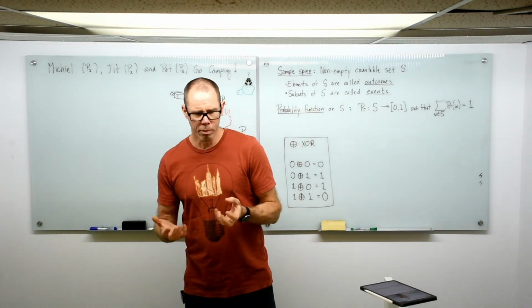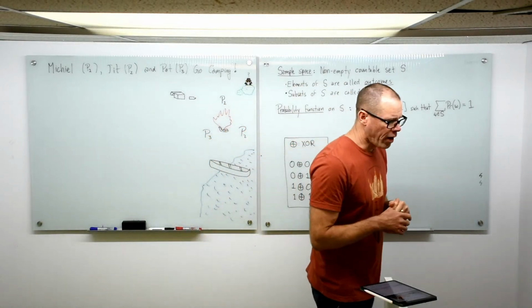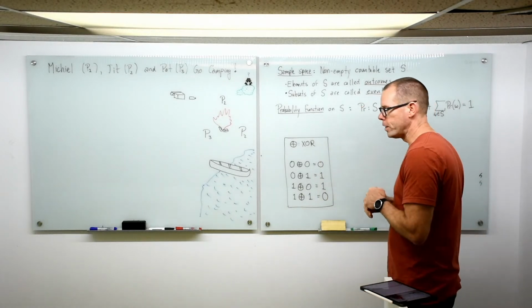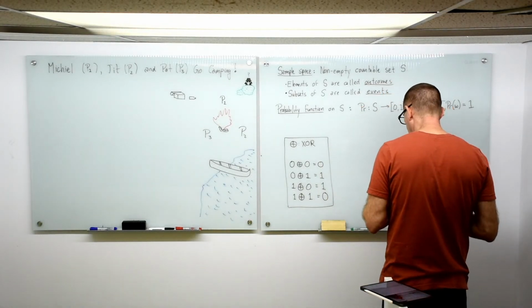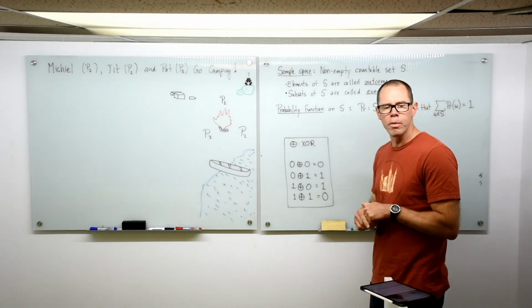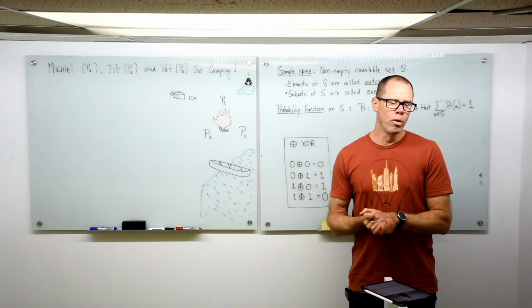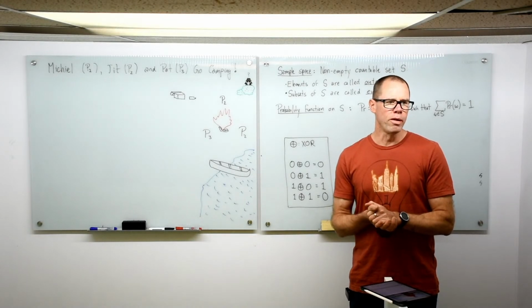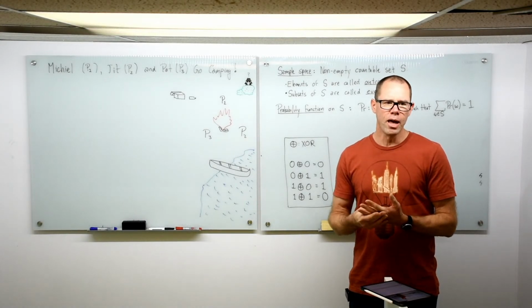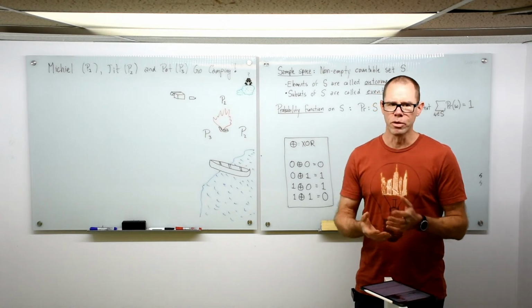You have no way of predicting that. And if I turn around and toss a coin, and I remember whether it came up heads or tails, but I don't tell you, then you have no chance of guessing whether that coin was heads or tails that has any chance better than 50% of being correct.